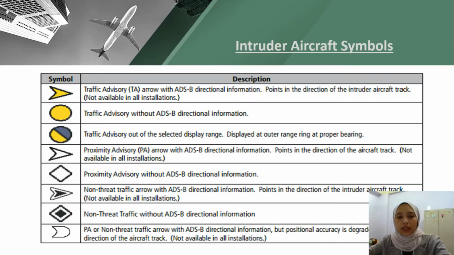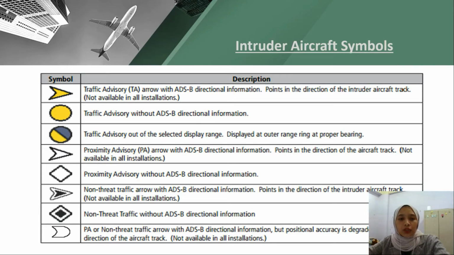Last from me, I've got intruder aircraft symbols. Intruder aircraft symbology is visualized using TCAS style symbology: unfilled diamonds for non-conflicting aircraft, filled diamond for low priority conflicts, filled circle for medium priority conflicts, and filled squares for high priority conflicts.